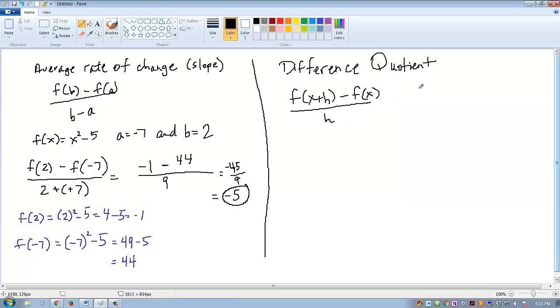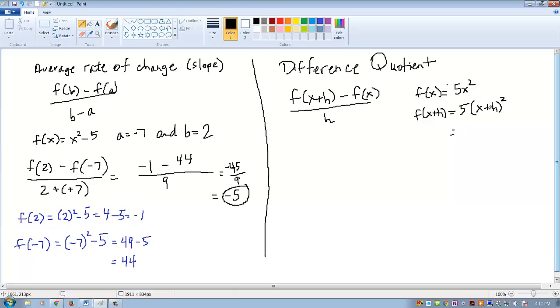In our case, I'm going to let f of x be, let's do just 5x squared. So one of the first things I want to do is find f of x plus h, which would be 5 times x plus h squared.